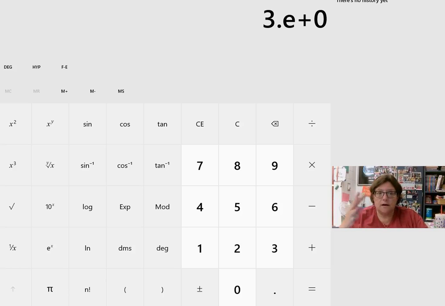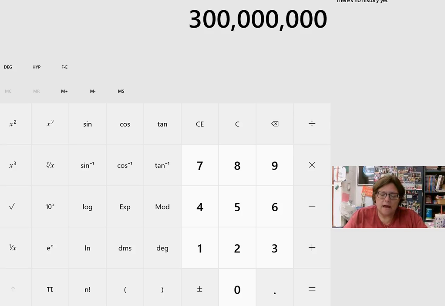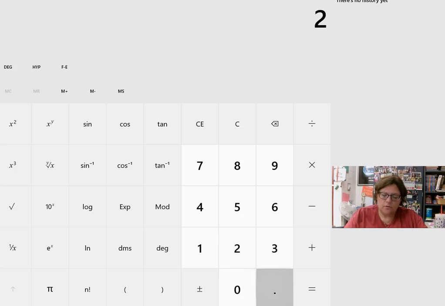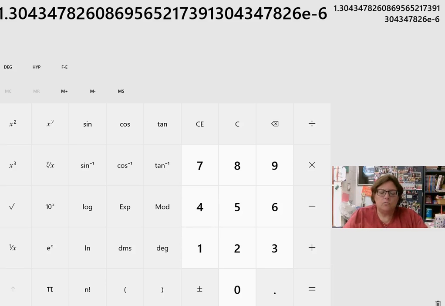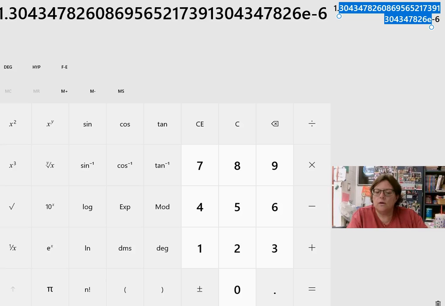Exponent's going to be times 10 to the 8th, and I'm going to divide that by 2.3 times, that's exponent to the 14th, and we get 1.3 up here in the corner, or you can read the whole thing, 1.30 times 10 to the -6th.